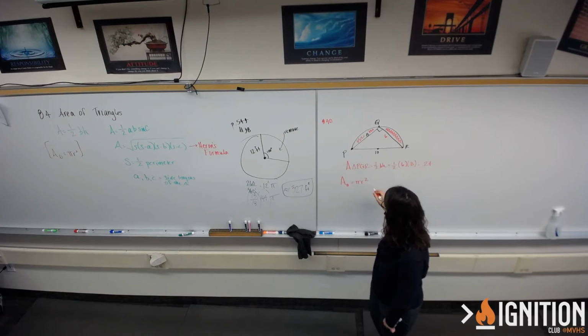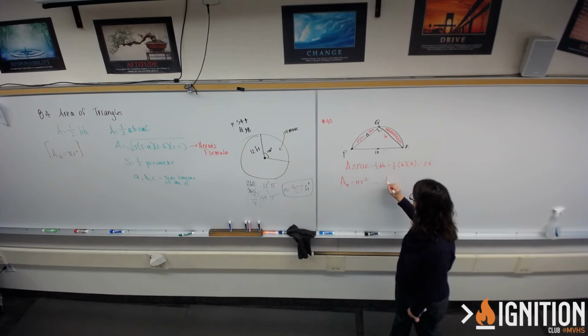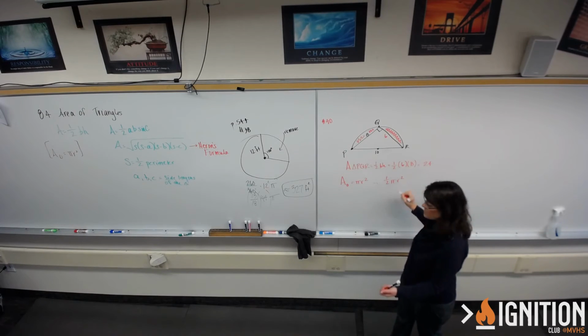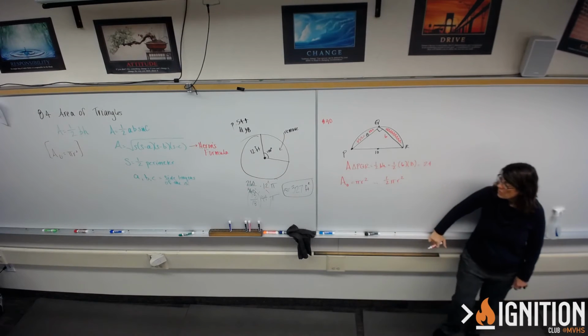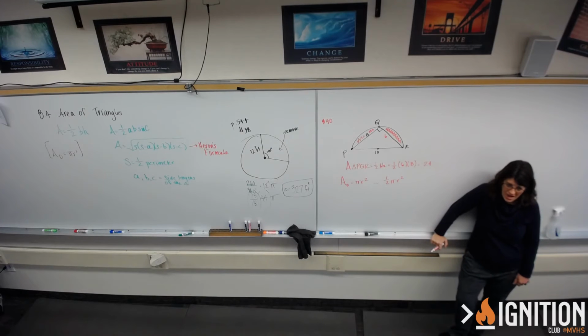In this problem, it's one half pi r squared, which is the same thing as dividing by 2. Radius is 5, 25, 12.5 pi.